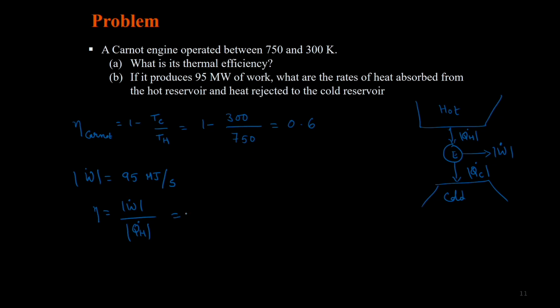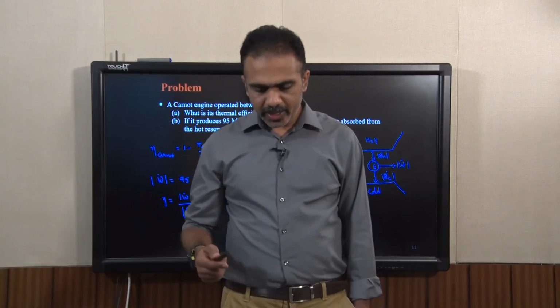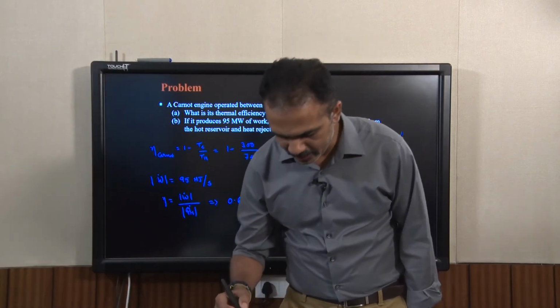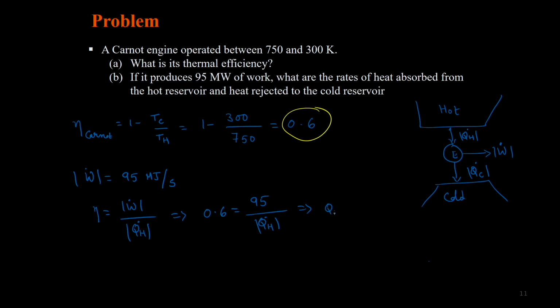It can also be for the rates, the ratio of the rates of these two quantities. So because our efficiency is 0.6, then it's going to be 95 over QH dot. So we can calculate QH directly because I already know the efficiency of the Carnot engine. So QH dot is going to be 95 over 0.6, which turns out to be 158.3 megajoules per second.